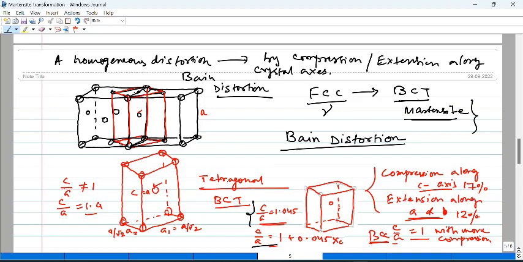This is the center of one of the edges, and it will have a carbon atom. Similarly, all other edges will also have this one, then at the center of this, and so on. And you also had one at the body center. So now can we bring the carbon atoms in this BCT cell?